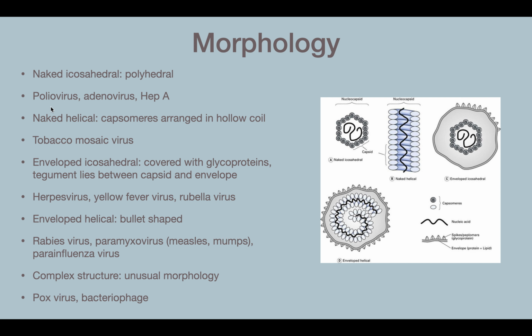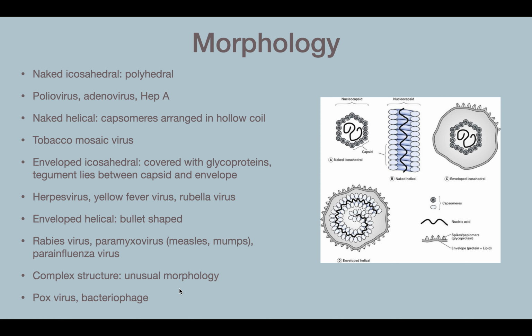These include the poliovirus, the adenovirus, and the hepatitis A. The naked helical are going to be capsomeres arranged in a hollow coil, and this is only the tobacco mosaic virus. The enveloped icosahedral is going to be covered by the glycoproteins, and then between the capsid and the membrane is something called a tegument.